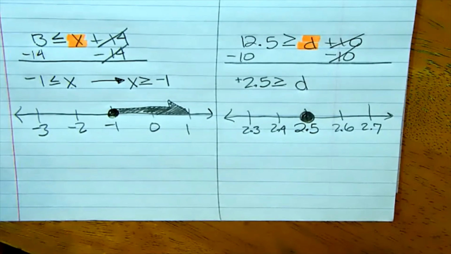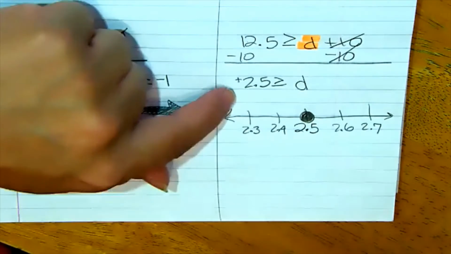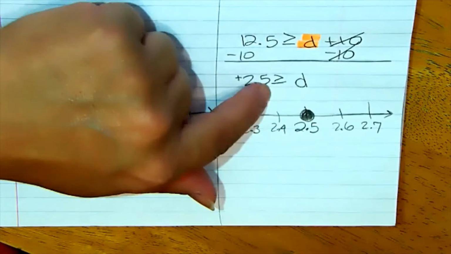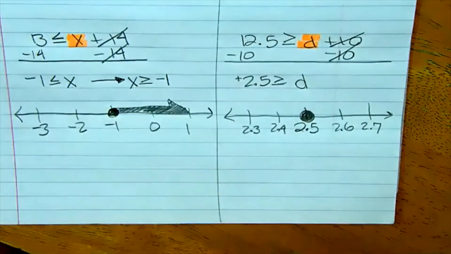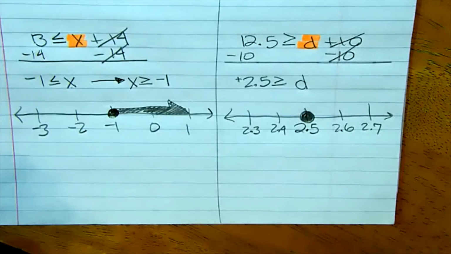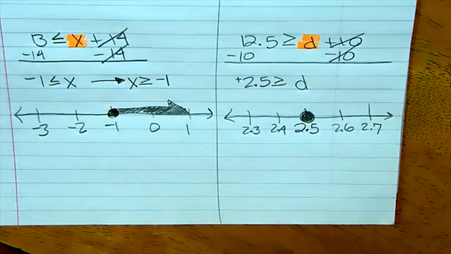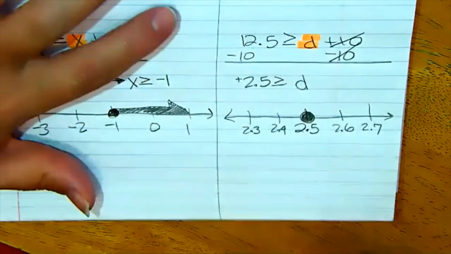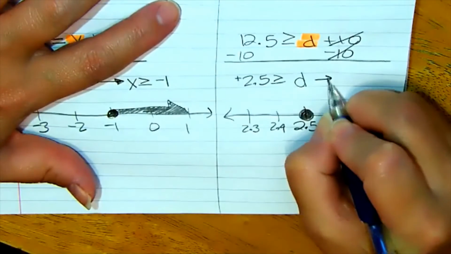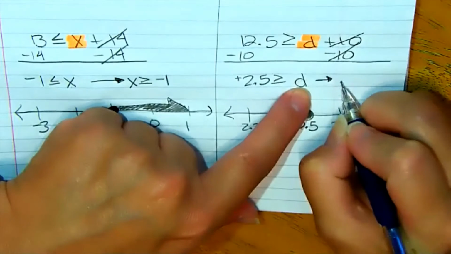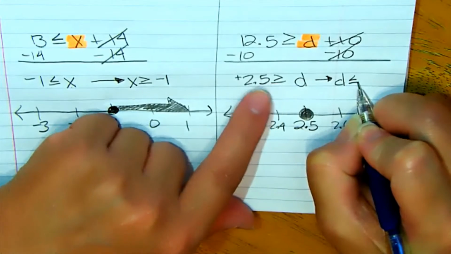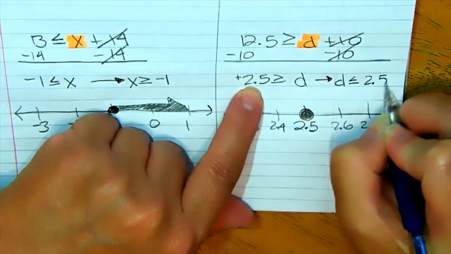Now, in a book or on paper, this would be said 2.5 is greater than or equal to D. But since I have to graph this, it's easier to start with my variable. So in my head, I'm going to say D is less than or equal to 2.5.